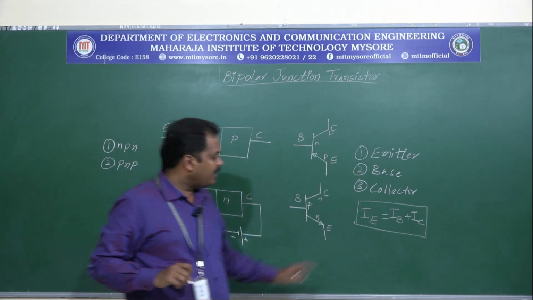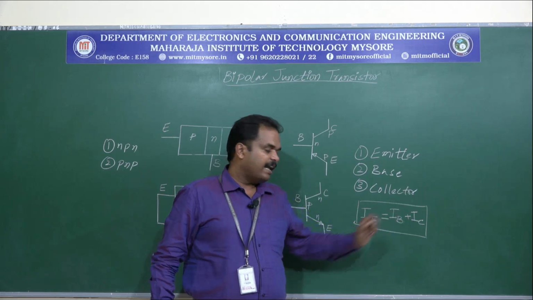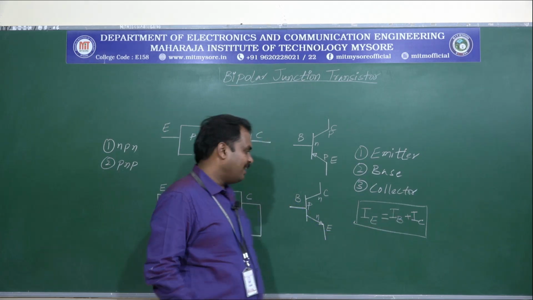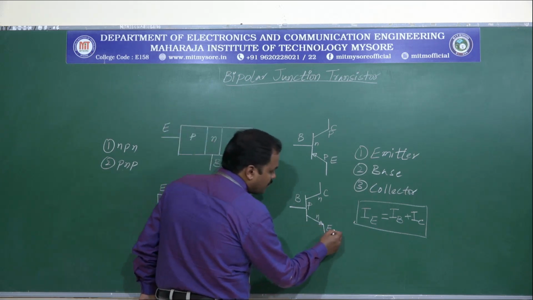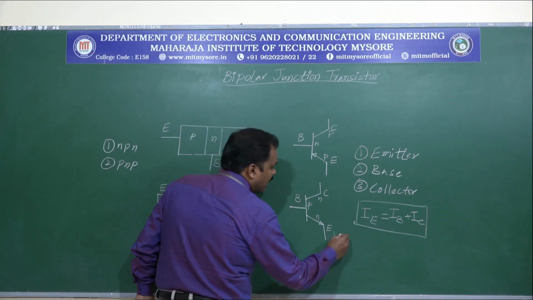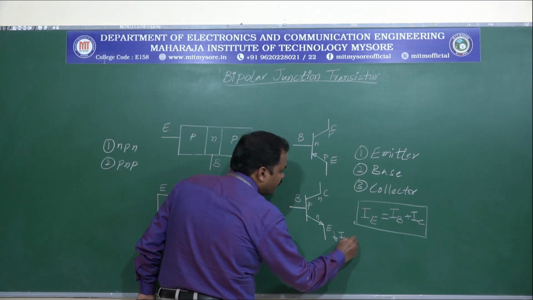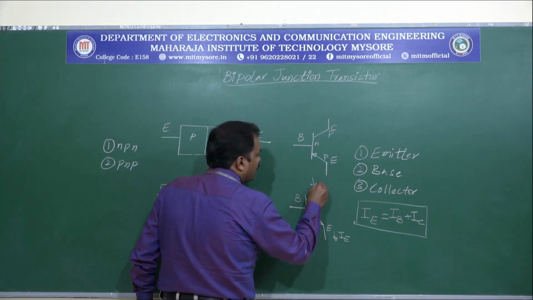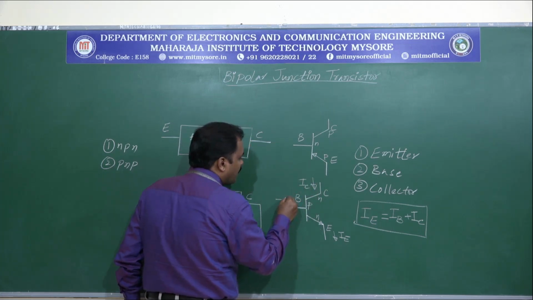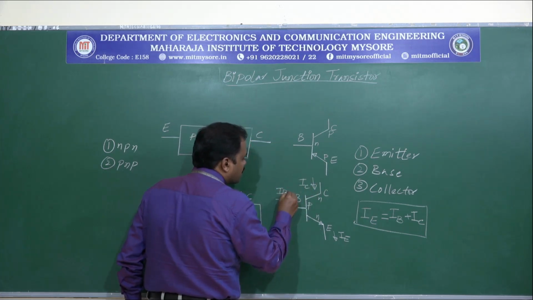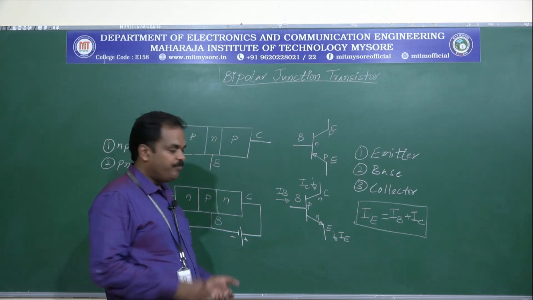IE is the emitter current, IB is the base current, and IC is the collector current. Let us indicate these things in the symbols also. Here this is the emitter current IE, this is the collector current IC, and this is the base current IB.